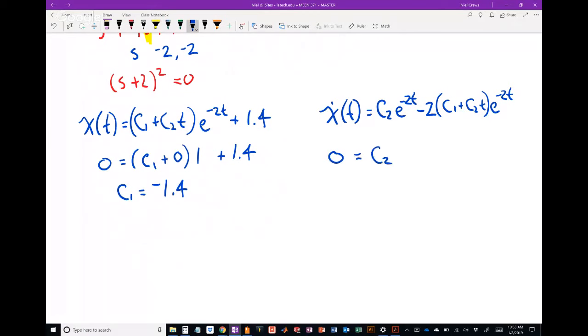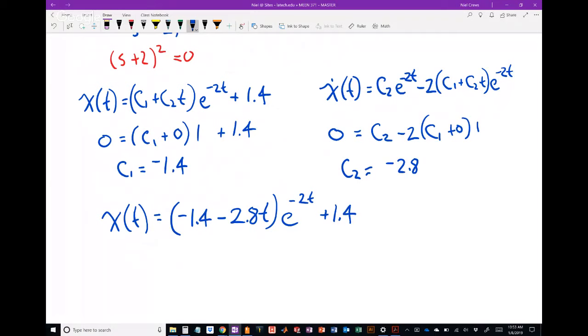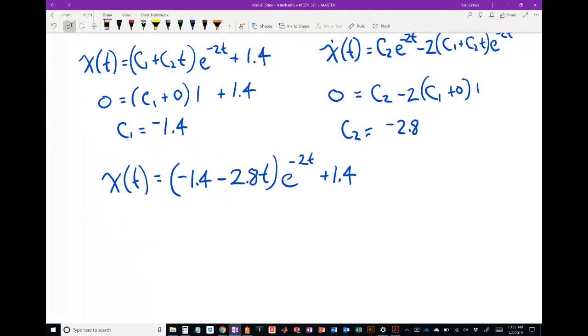So that's going to be c2 minus 2 c1 plus 0 times 1, which tells us that c2 then is going to be -2.8. And plugging this back into our equation, x of t is going to be (-1.4 minus 2.8t) e to the -2t plus 1.4.